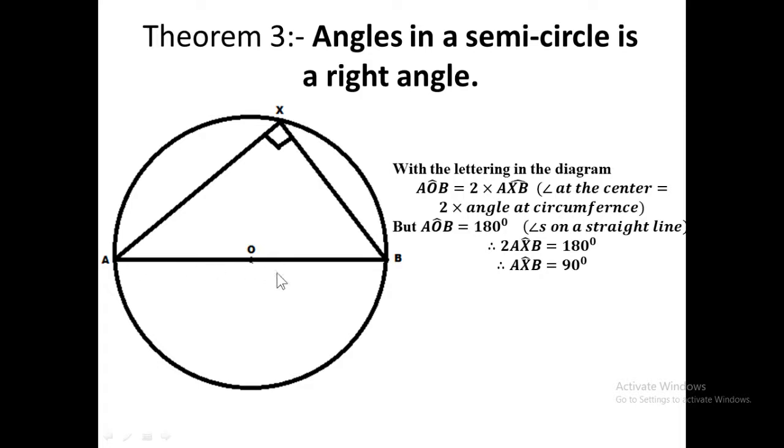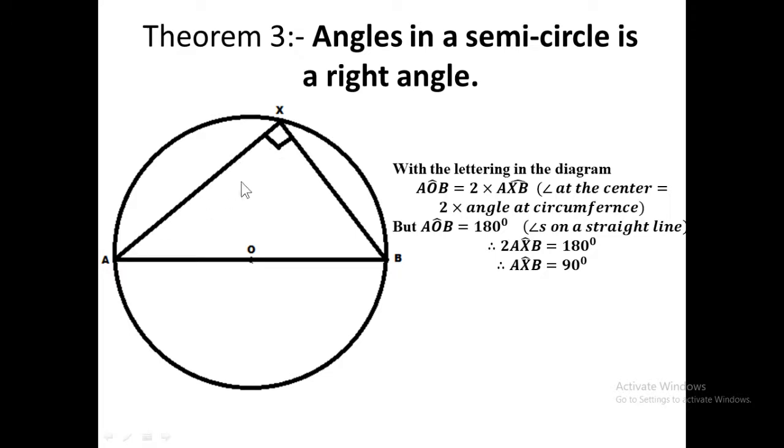Now look at this diameter AOB, and chords are joined to it called AX and XB. Where these two chords meet, an angle is formed at the circumference, and that angle is what we are talking about, and that angle is 90 degrees. So this is the proof.